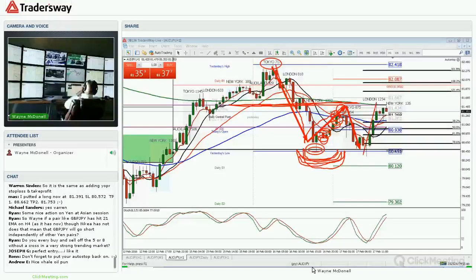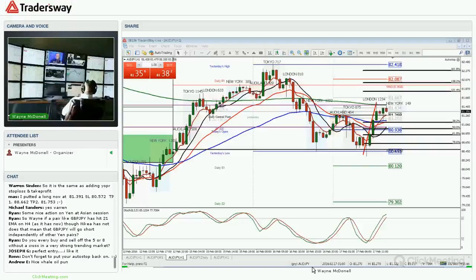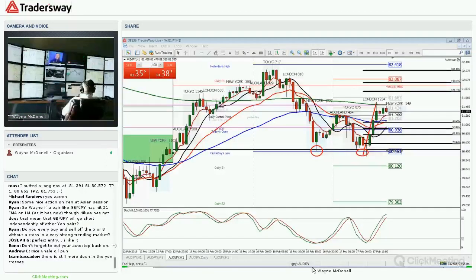So you can see there could be a couple of putts in there, right? We hit our double bottom. London Open. Down in Asia, up in London, that's called the Asia Fade. But anyways, we have a pattern in play.